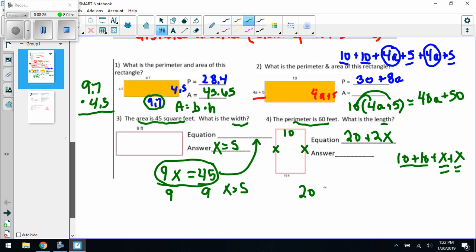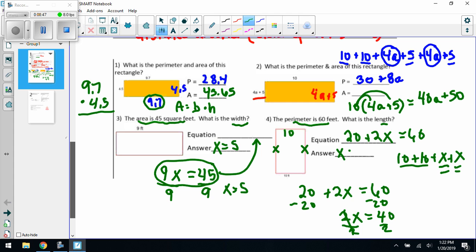So I'm going to take 20 plus 2x equals 60. That's our equation. I just wrote it down at the bottom so that I would have room to solve. We take 20 to the other side. Left with 2x equals 40. And lastly, we would divide both sides by 2. x equals 20. So the length of the unknown side in this case is 20.